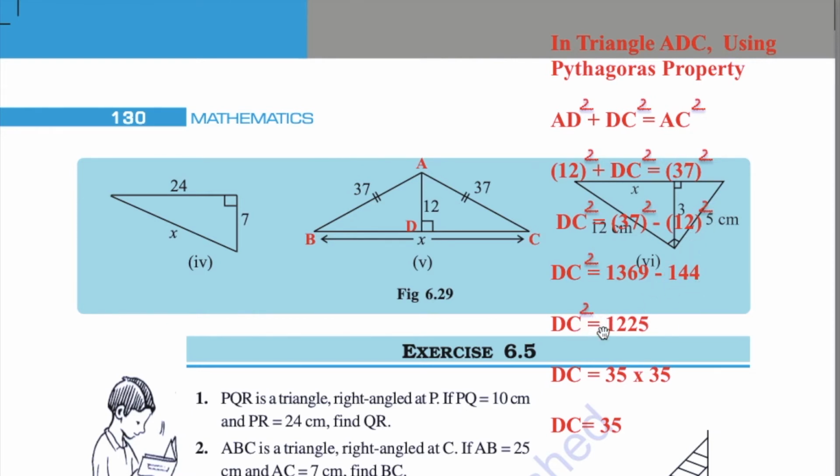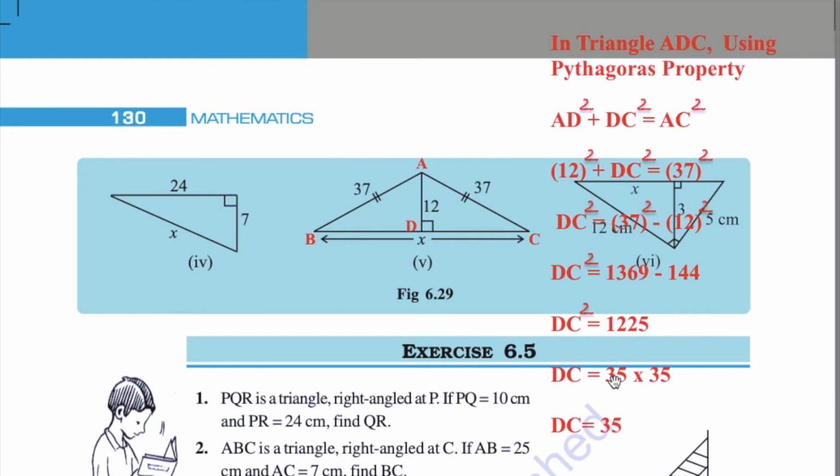So DC square is equal to, if you subtract 144 from 1369, you would get 1225. So the square root of this 1225 would be 35 into 35. Okay, so DC is equal to 35.